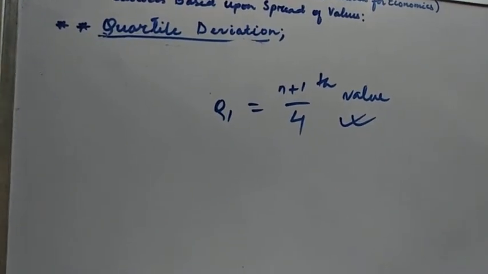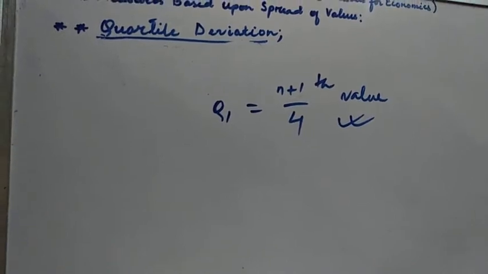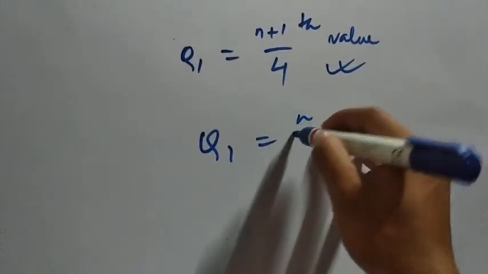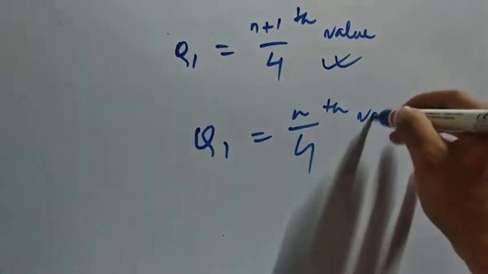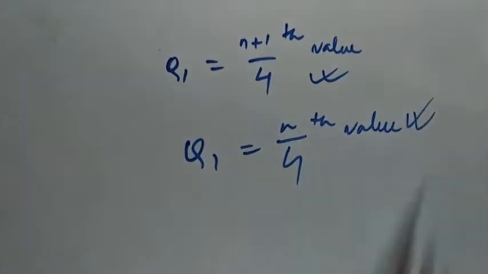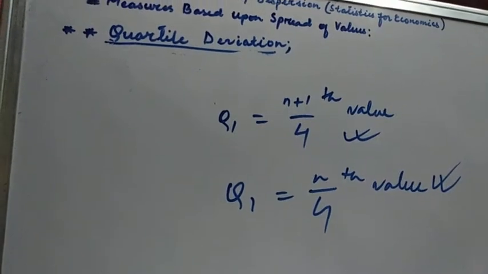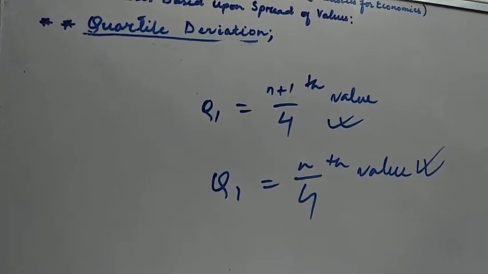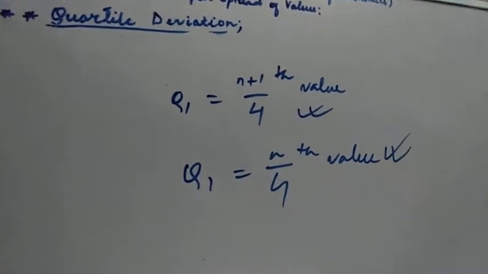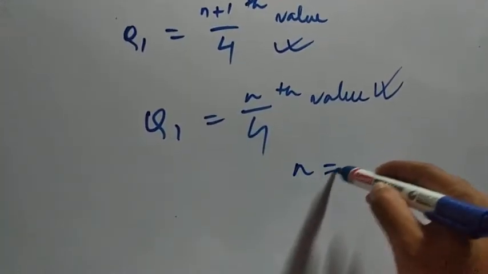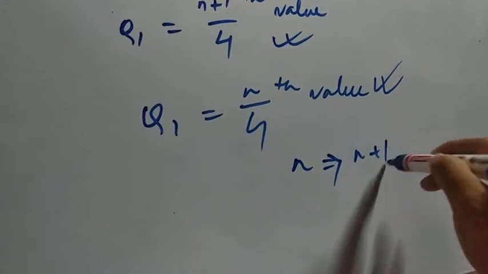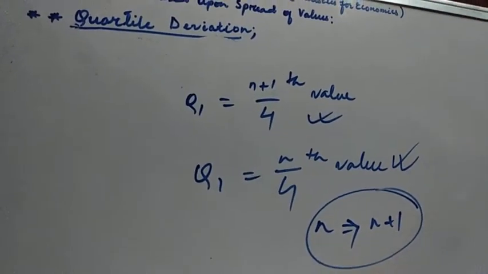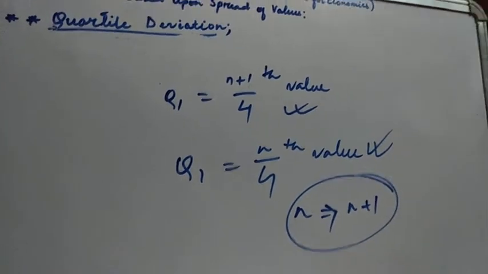But in a continuous distribution, Q1 would be equal to the n by 4 value. So this is in case of continuous series. Similarly, even for Q3 and median also, n is used in place of n plus 1 when it comes to continuous series.